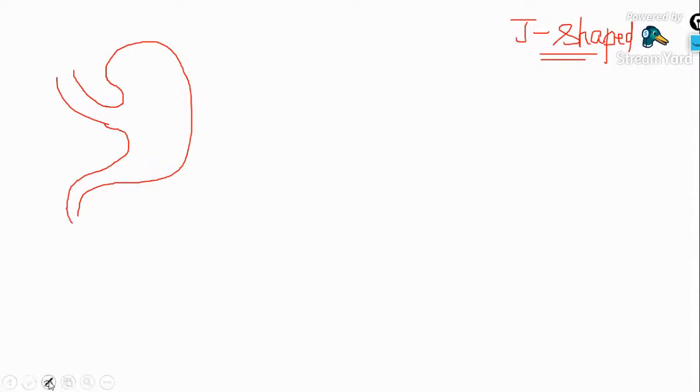Clear? In this J-shaped structure, the stomach is divided into three main parts. This is the esophagus, where the gastroesophageal sphincter muscles are present.